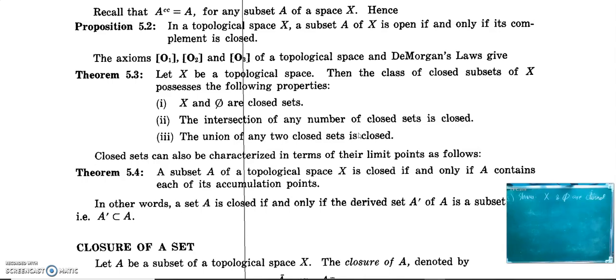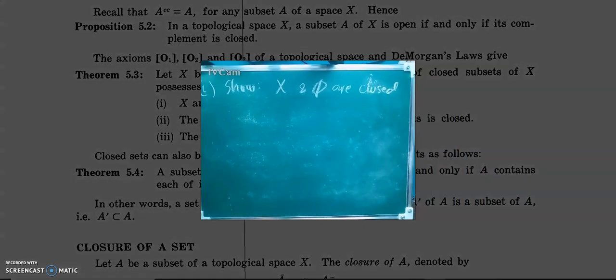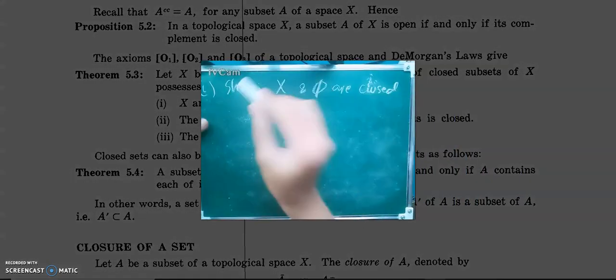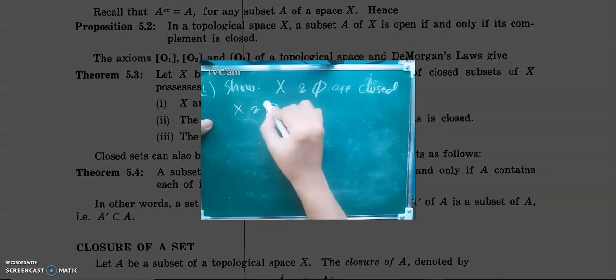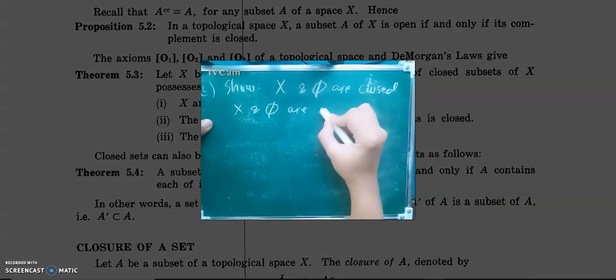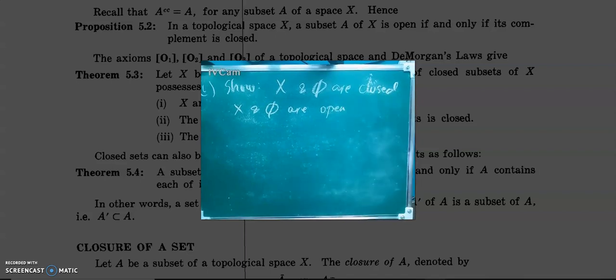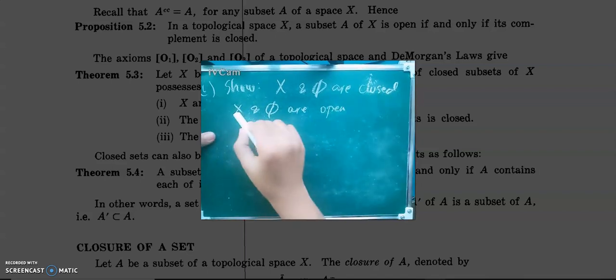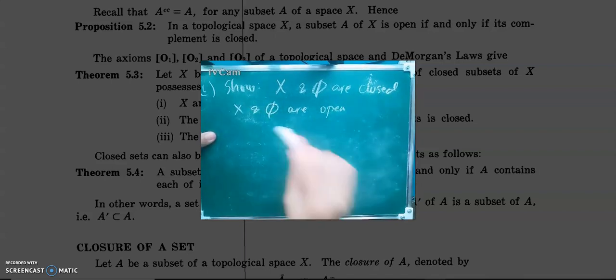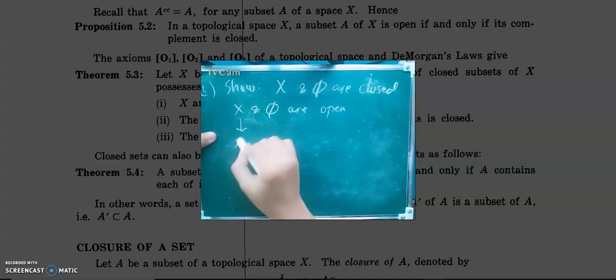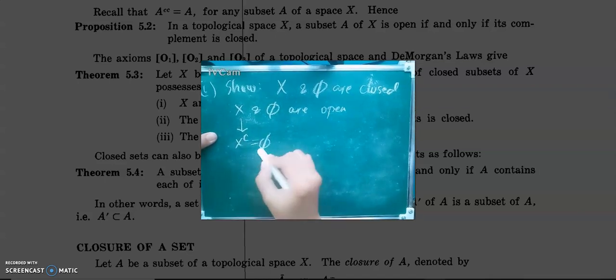Now first, we are going to show that X and the empty set are closed sets. To show this, recall that X and the empty set are open in our first axiom in the topological space. If we get the complement, the complement of X is the empty set.